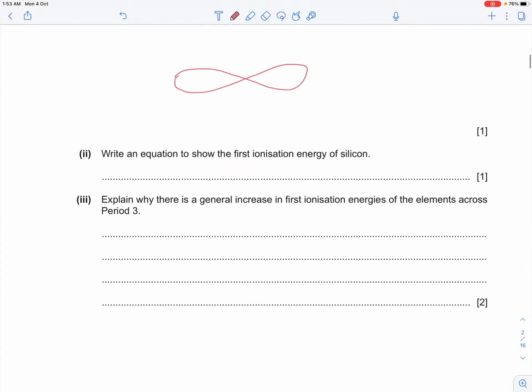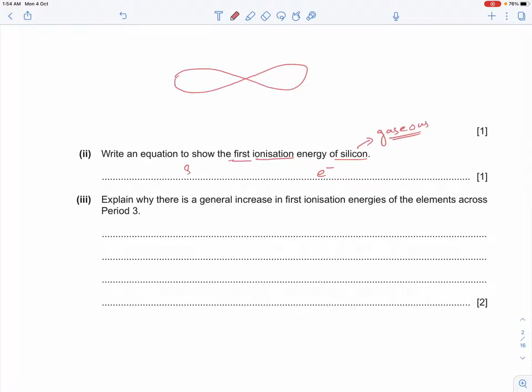All right, and the next question is: write an equation to show the first ionization energy of silicon. So what is ionization energy? It is the energy required to remove 1 mole of electrons from 1 mole of gaseous atoms. That means silicon must be in gaseous phase, right?